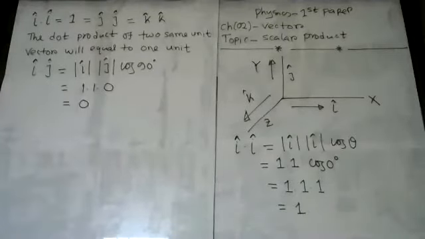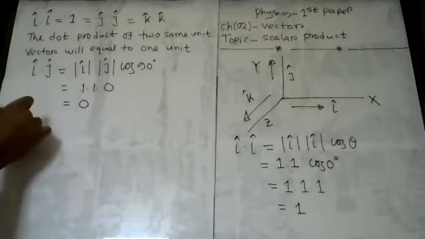So finally, i hat dot j hat is nothing but 0. So the dot product of two different vectors, having an angle of 90 degrees, will equal 0.